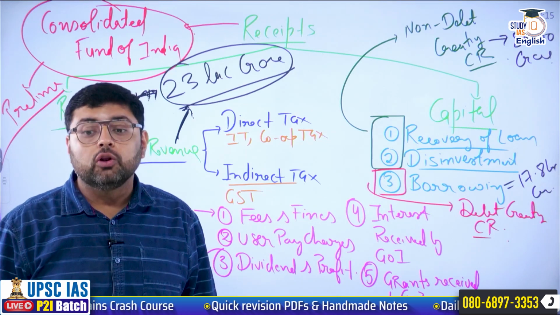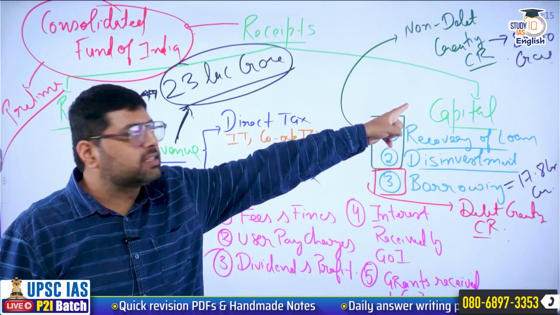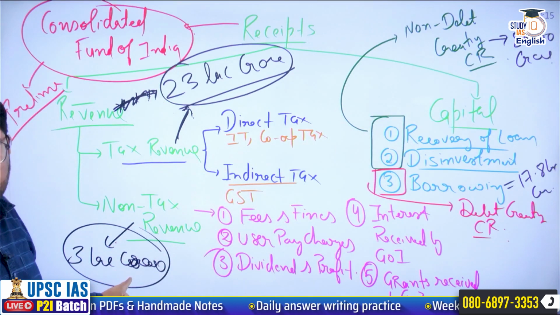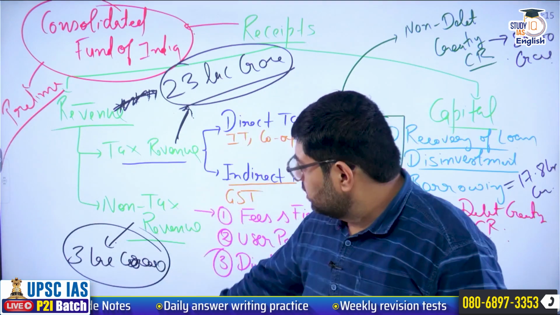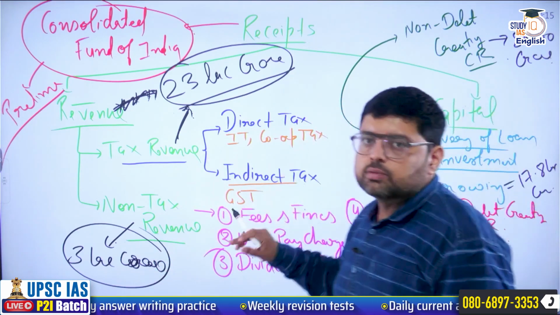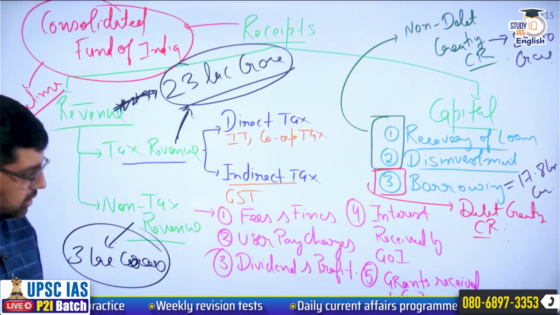You will say no. Why? Because non-debt capital receipts are 84,000 crores, whereas non-tax revenue receipts are 3 lakh crores. So this number is more than this. Clear? This is how the question comes.